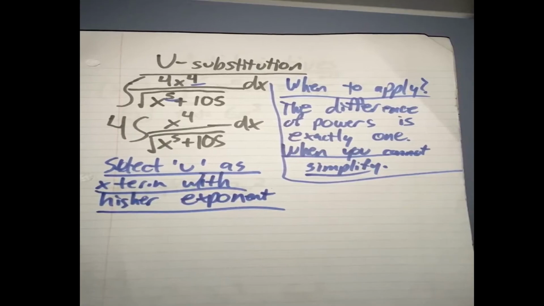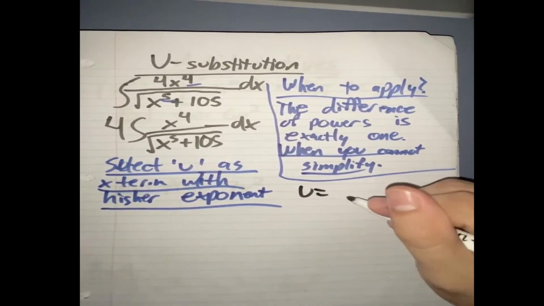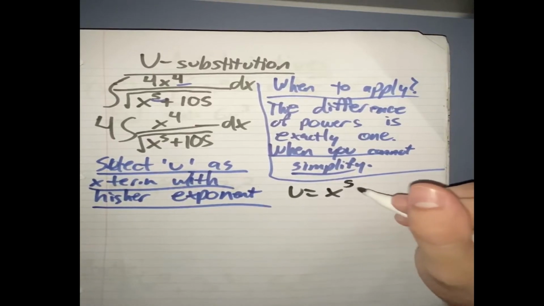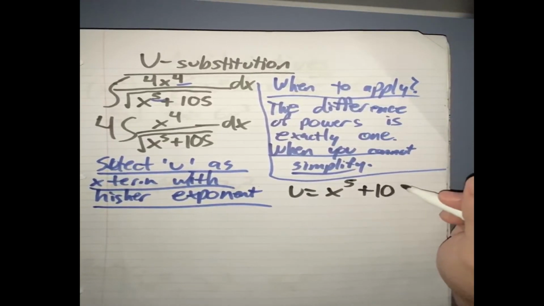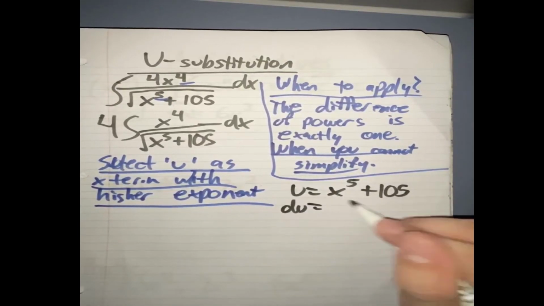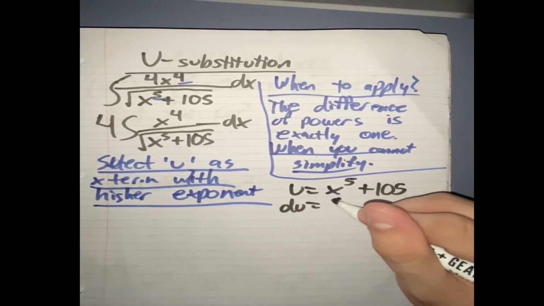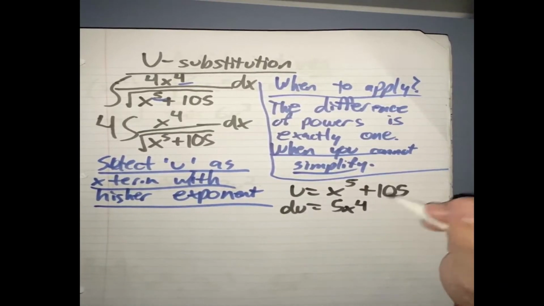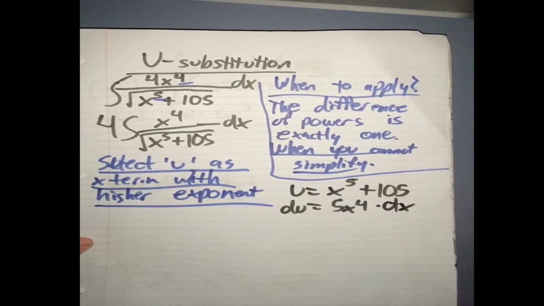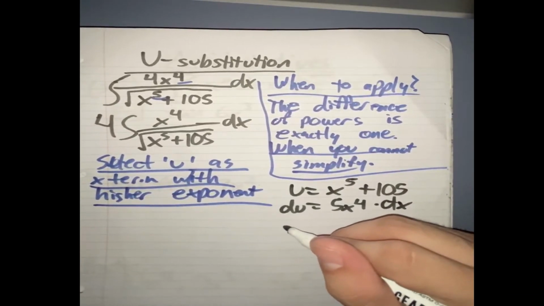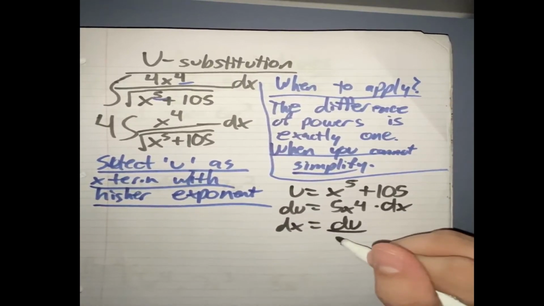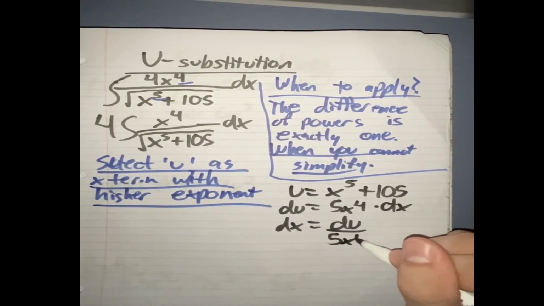So our u in this case is going to be equal to x to the 5th plus 105. Our du, taking the derivative of this function, will be 5x to the 4th plus the derivative of 105, which is just 0, times dx. And the next step is we solve for dx. So dx is equal to du divided by 5x to the 4th.